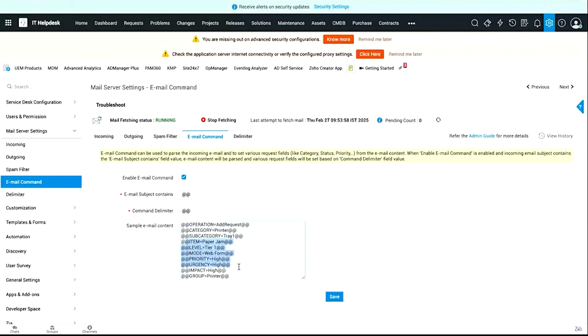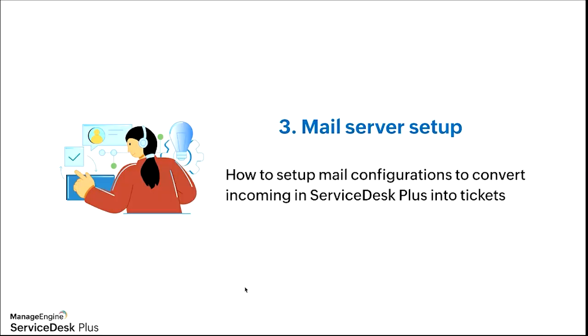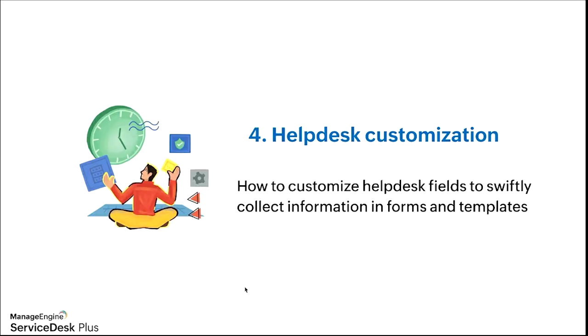And once this email is fetched and created as a ticket, based on the values that you have provided in your email content, the request will be assigned with the help desk attributes automatically. So by this, we conclude the mail server settings that we have in the application, using which you can automatically convert an email to a ticket.